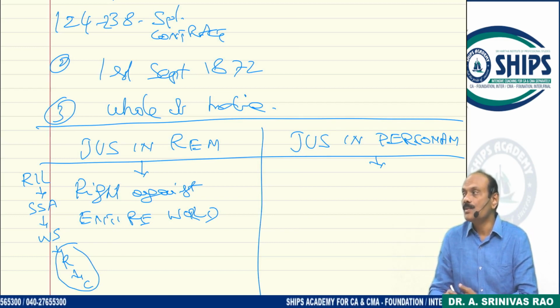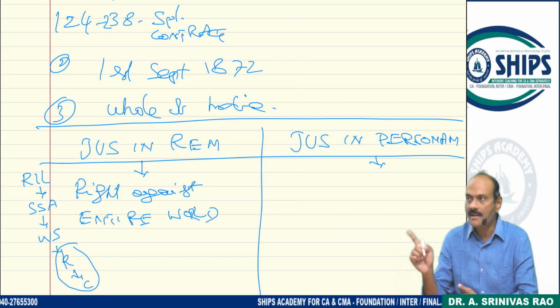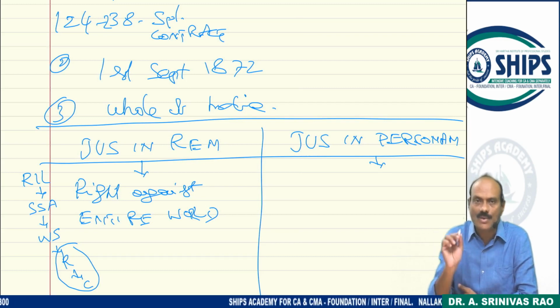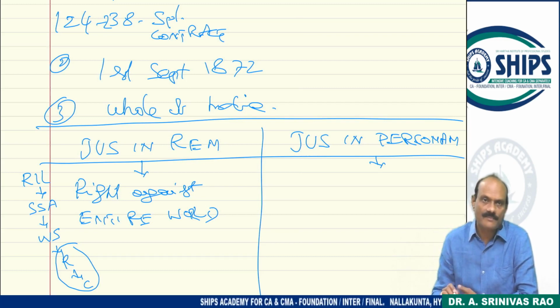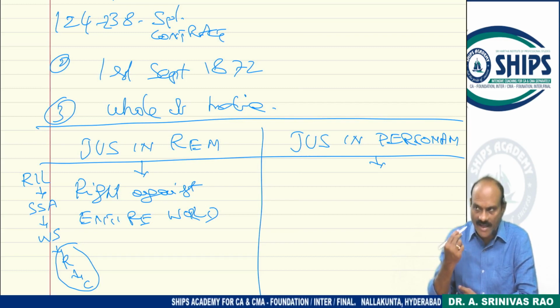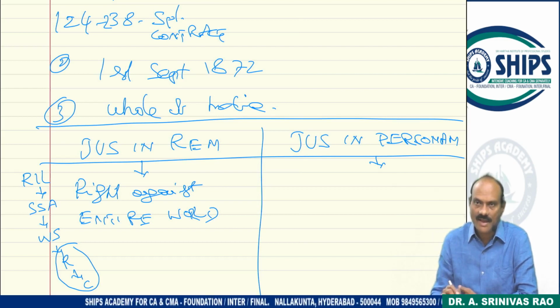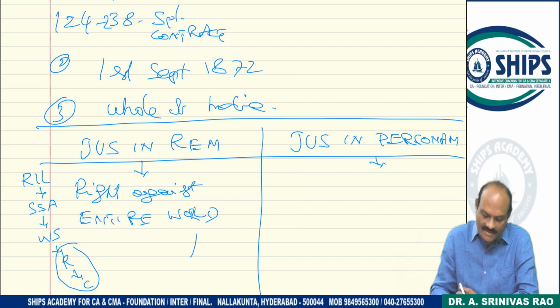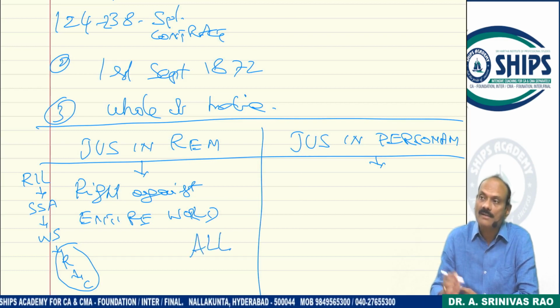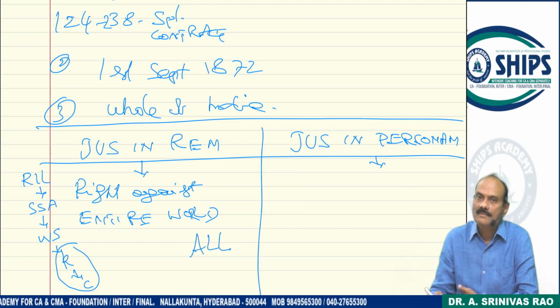Contract is between whom? Retailer and customer. If the goods are defective, or services hired by the customer are deficient, I want to file a case. Against whom can I file a case? Against all. I have a right against all.